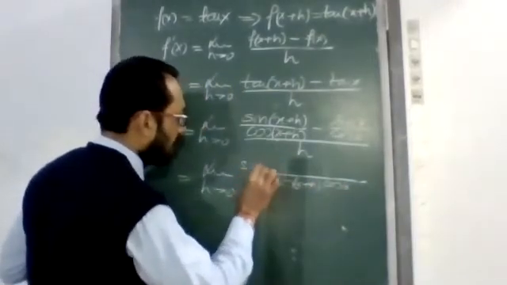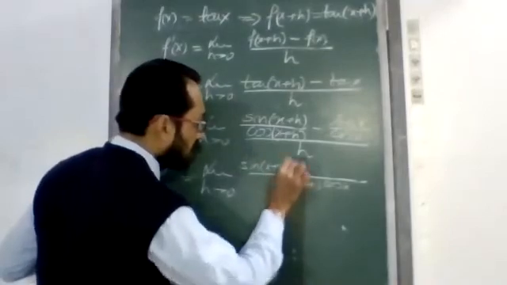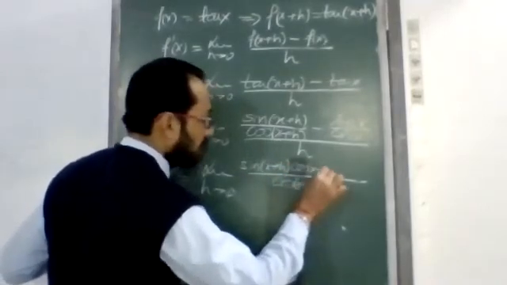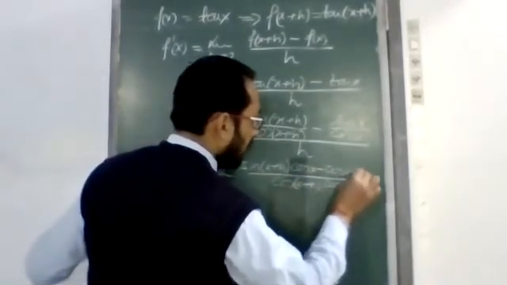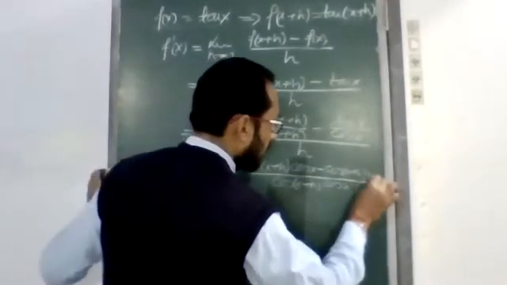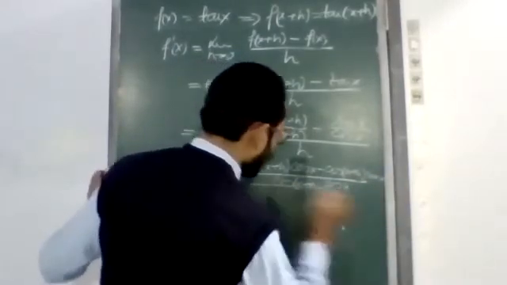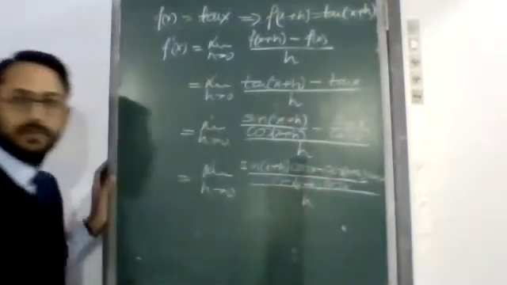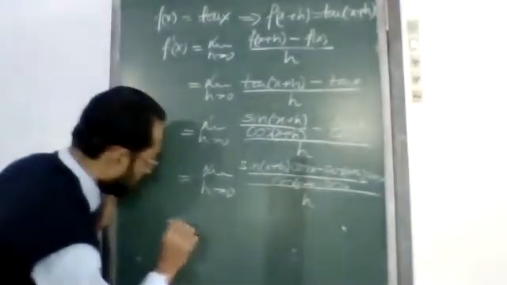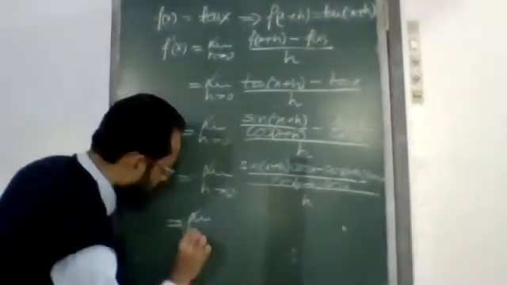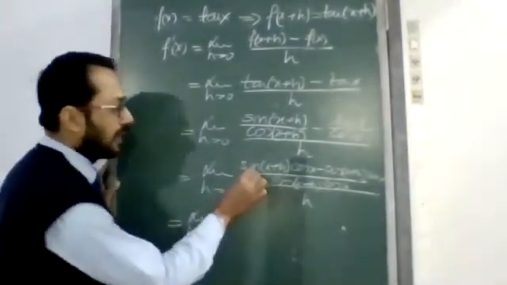It is sin(x plus h) cos x minus cos(x plus h) sin x, whole on h. Now see what it becomes.